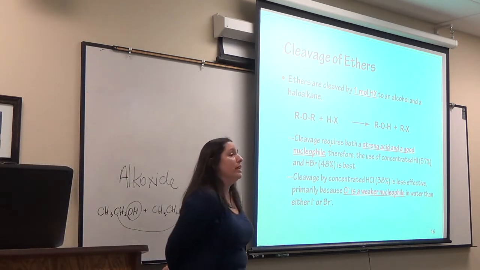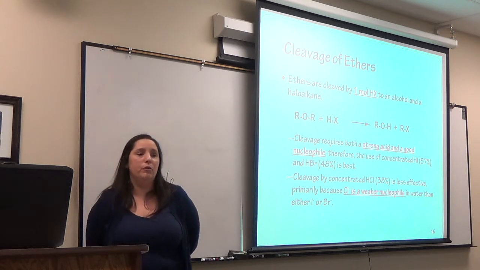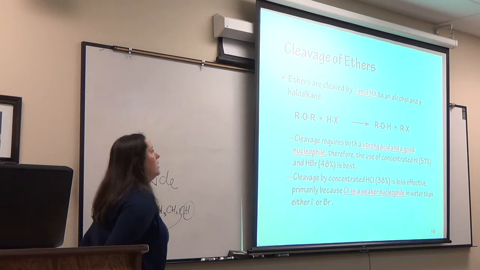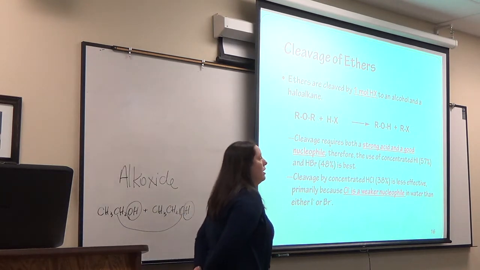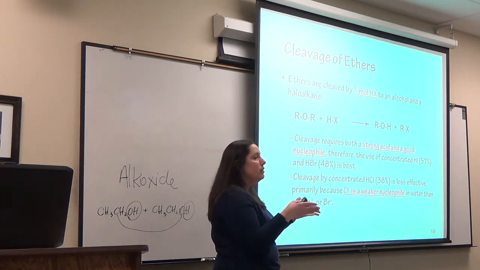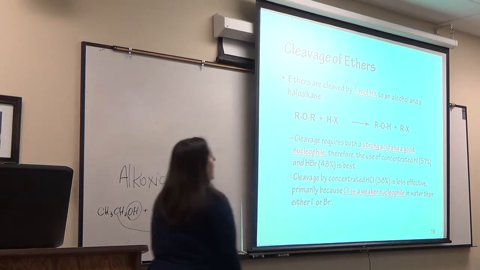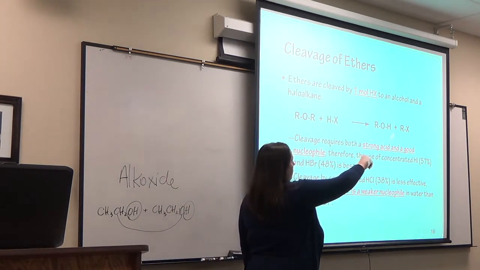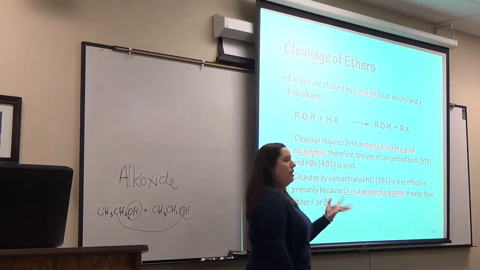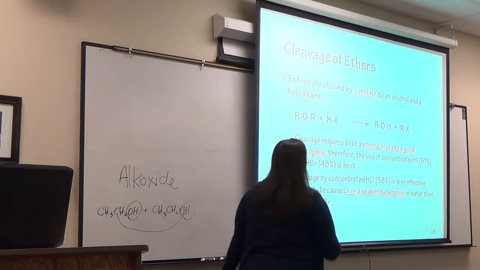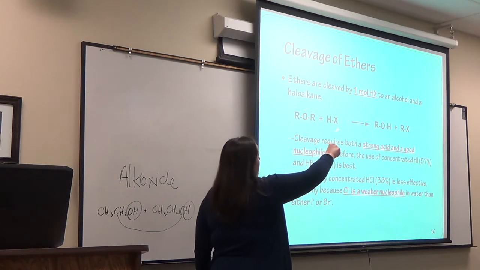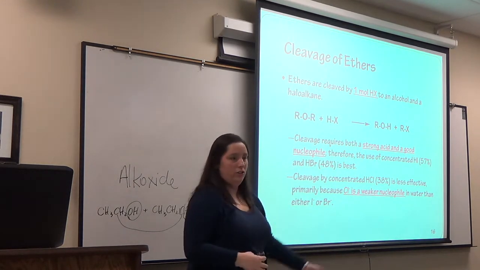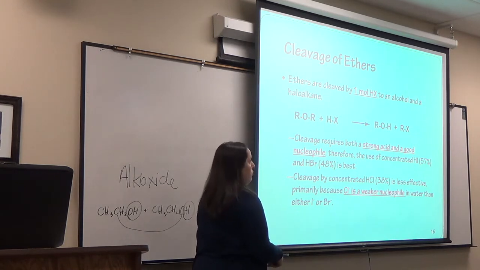So that's how you make ethers. So now if we have an ether, what can we do with it? So one of the things that we can do is cleavage. So we can break the ether bond. Okay, and so we do this in order to make alcohols. So we can take an ether and react it with an acid halide, so HCl, HBr, HI, so HX shown here.